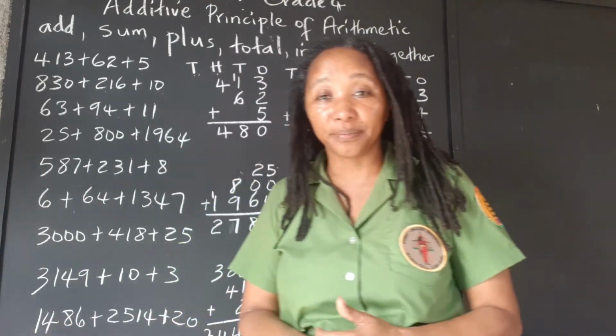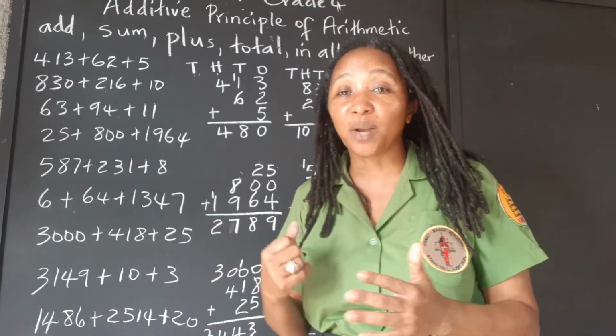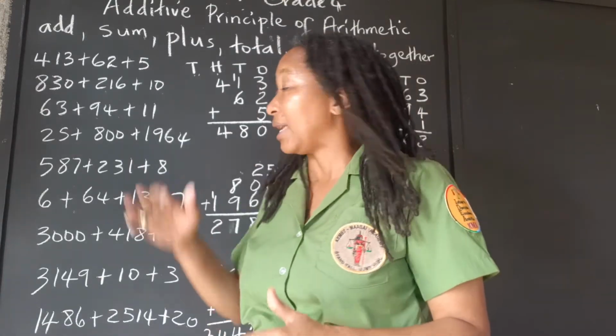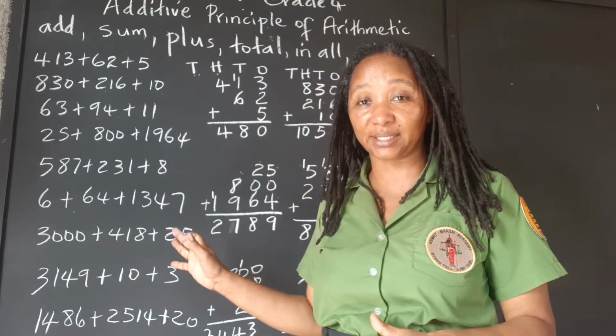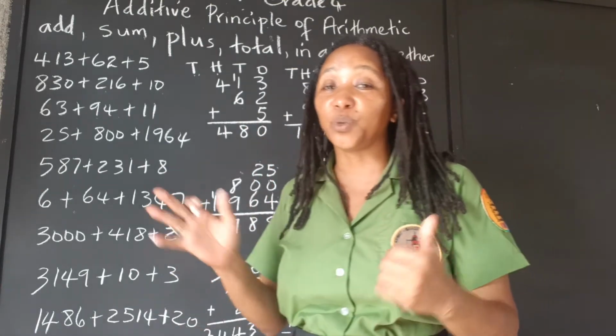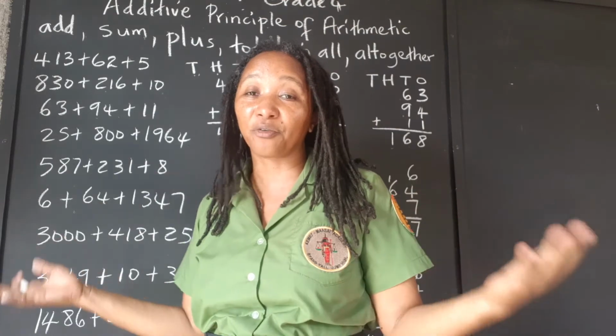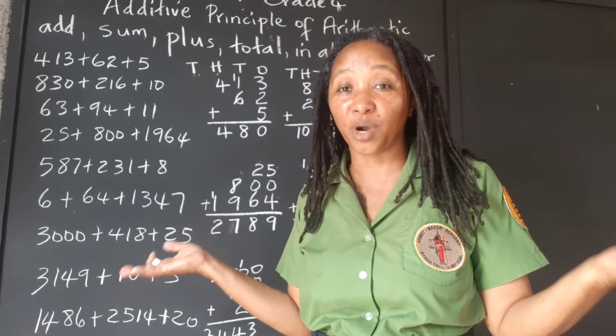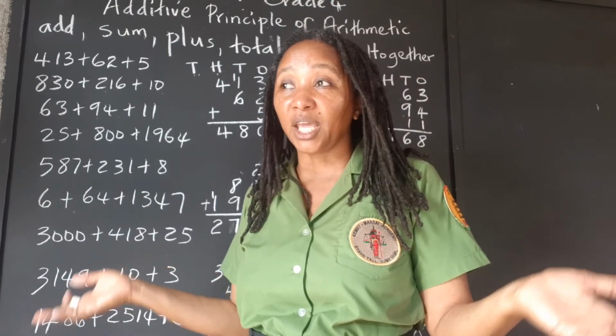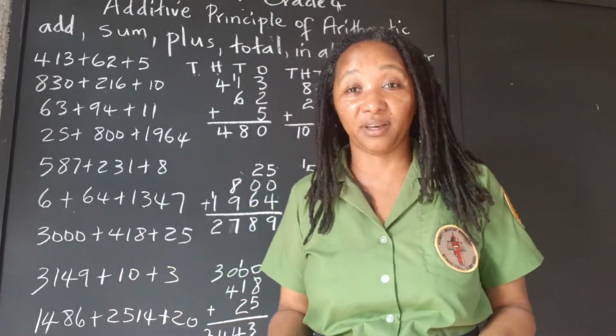And remember, the crucial point is to line up your digits in the correct place. Because if you don't, you have already failed that particular problem. It makes no sense to go any further.